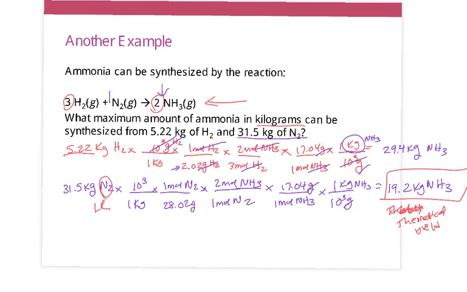So it's all about the ratio, whereas for nitrogen gas, you get 2 moles of ammonia for every 1 mole of nitrogen gas. So it's the ratio and the molar mass of each reactant that matters at the end of the day. So don't just assume that the lesser amount here would be your limiting reactant.